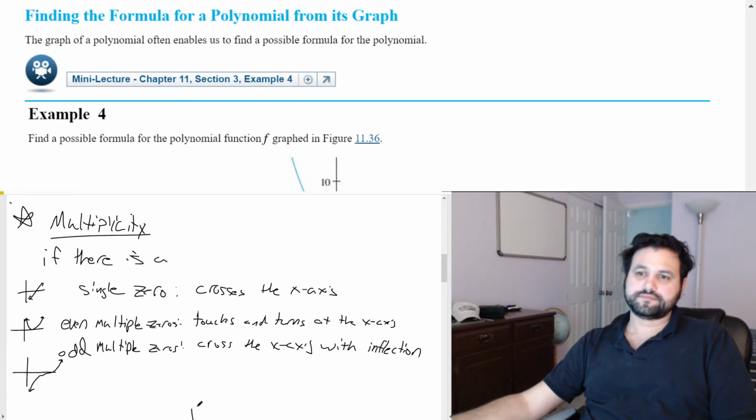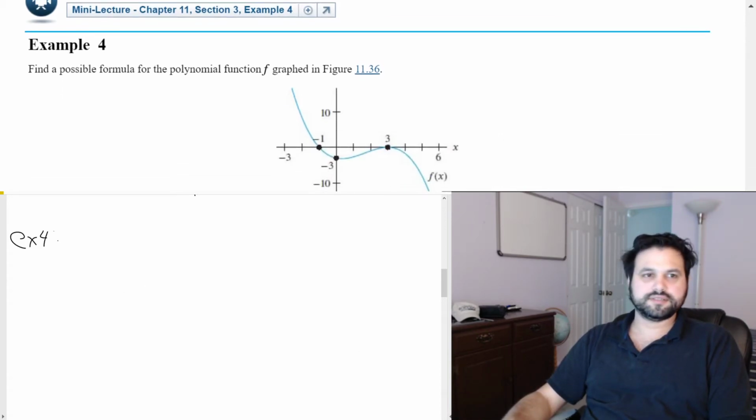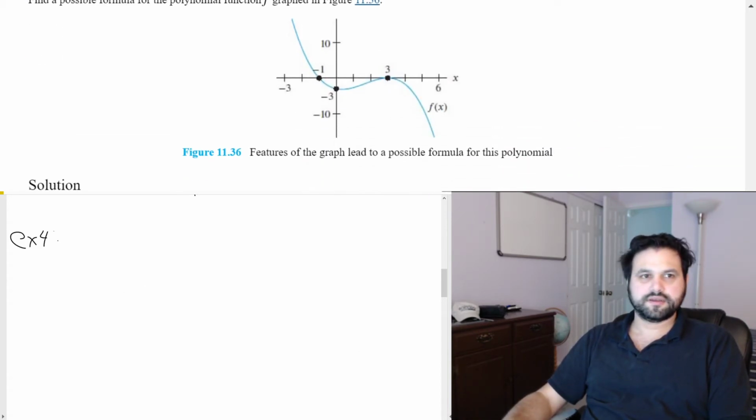So let's take a look at example 4. Find a possible formula for the polynomial function graphed. You can't see it. There it is.